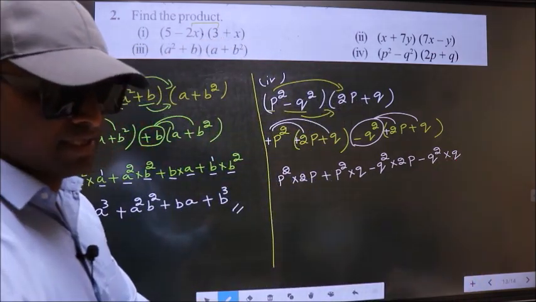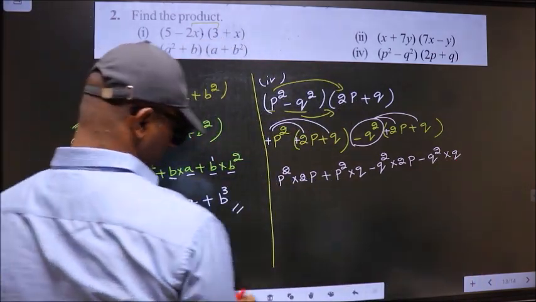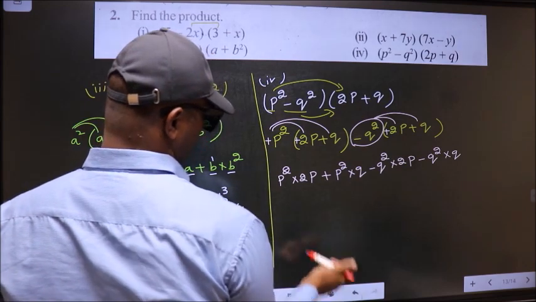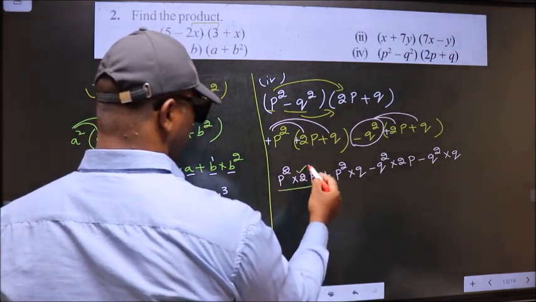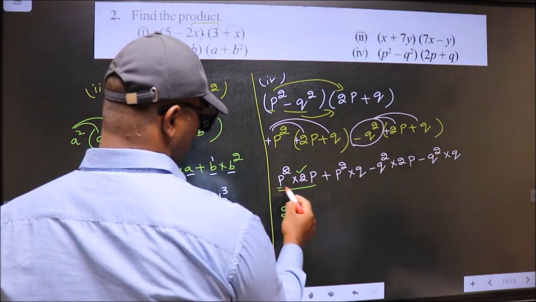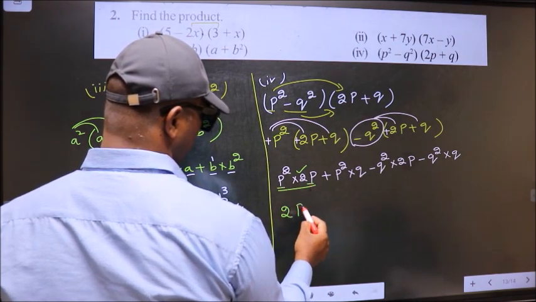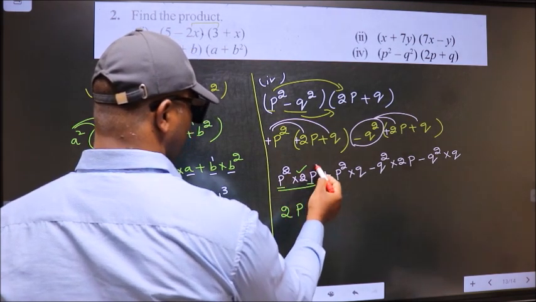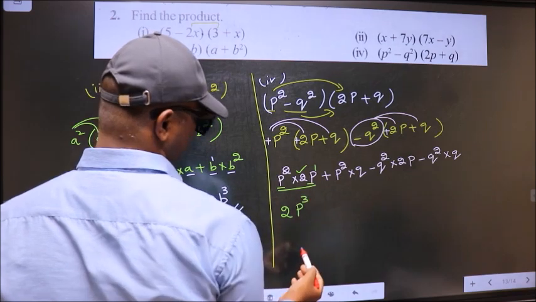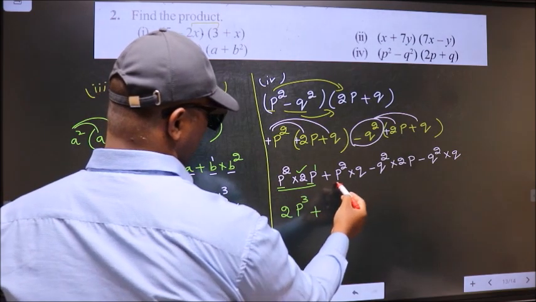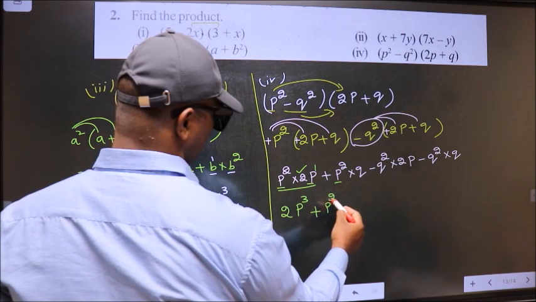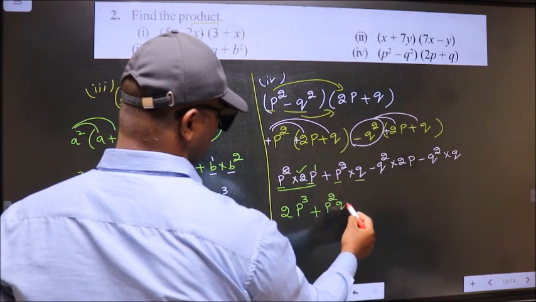Okay, next. First, in this, first the number 2. Now p square into p, write p, add the powers 2 plus 1, 3. Now p square q appeared only once.